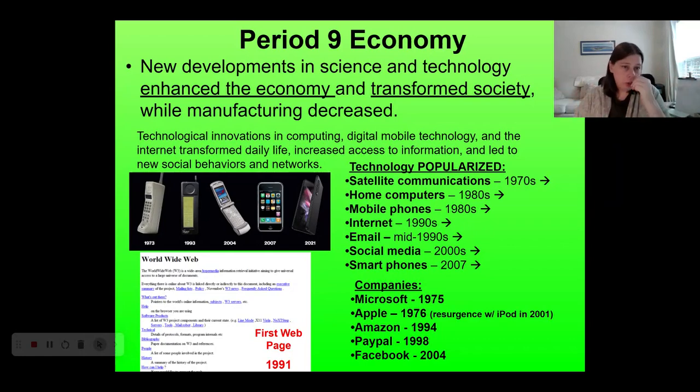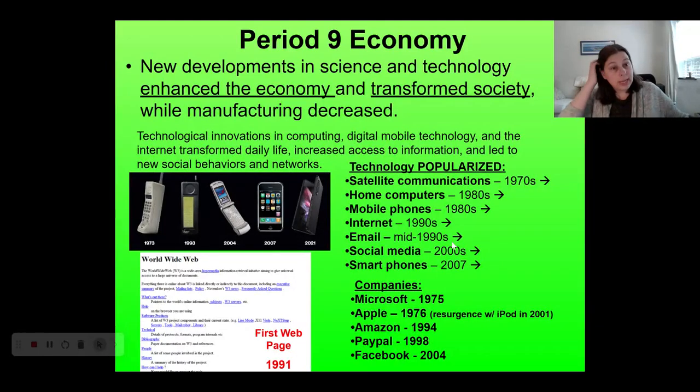Some examples of technological innovations. Most of this stuff really starts back in the 1960s and 70s, and then we're playing it out here in the historical period 9 time period. So what you can see that I have on here is not necessarily when the technology was invented, but when ordinary people started to get access to it. When was it popularized?